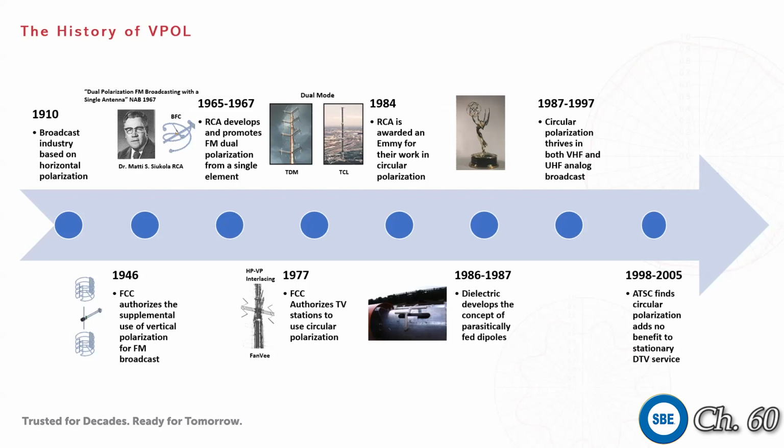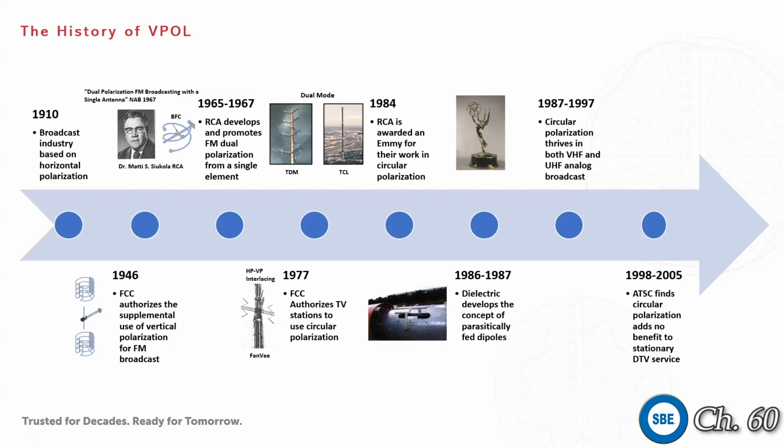And just a few short months, year or so later, we see the Dielectric developed concept of a parasitically fed dipole, which, similar to the ring antenna, has been extremely successful and has continued to be used with great success even till today, and its sort of variation and descendants.